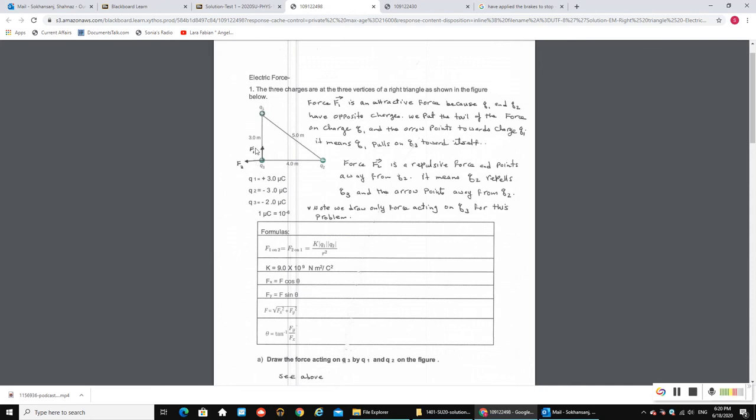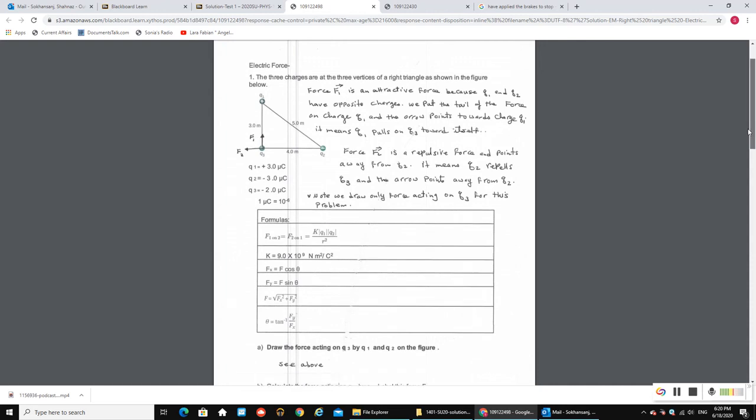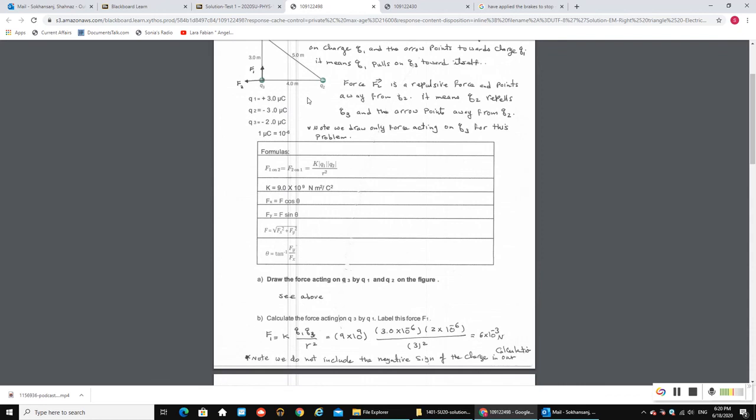Imagine that you're pushing somebody in the back to get away from you. That's the way we draw these forces. This problem actually is easy because our forces F1 and F2 are already in the X and Y directions. So first, that was drawing.